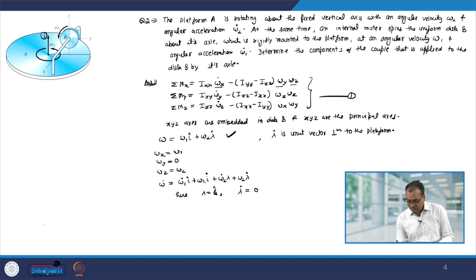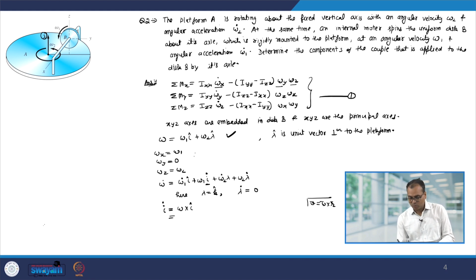Now, let us look at i dot. You can use the relation v equal to omega cross r. Here r is the unit vector i. Therefore, i dot will be omega cross i.